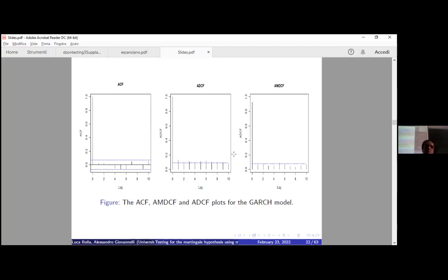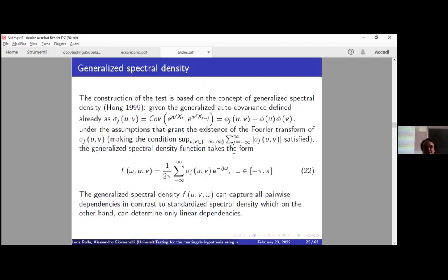Okay. In order to construct a test, we need to introduce the concept of generalized spectral density from Hong 1999. Hong explicitly works on this kind of generalized covariance, and works on these terms given by the difference of the characteristic function, the joint and the product of the marginals.